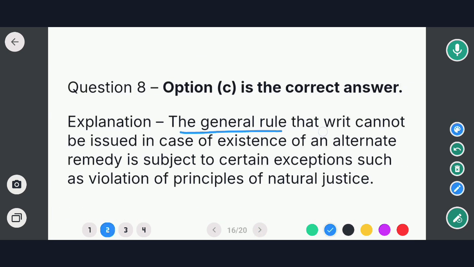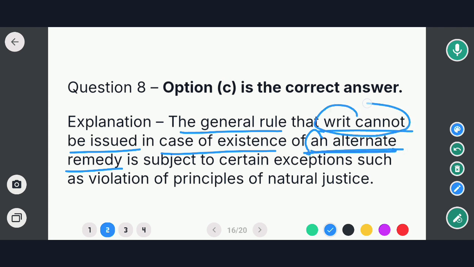The rule that writ cannot be issued in case of existence of an alternate remedy. If there is any infringement of right and there is an alternative remedy other than filing a petition, then in that case a writ cannot be issued directly to the High Court or the Supreme Court. Okay, but it is also subject to certain exceptions, such as violation of principles of natural justice.